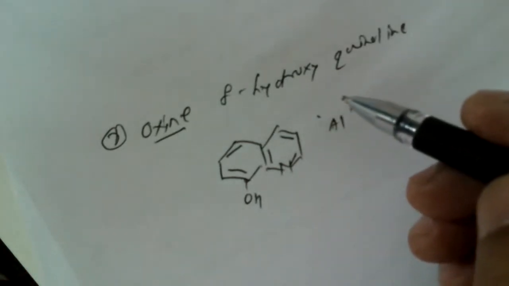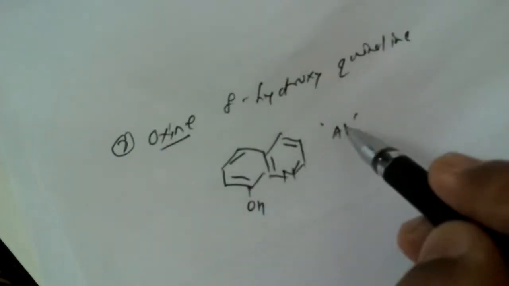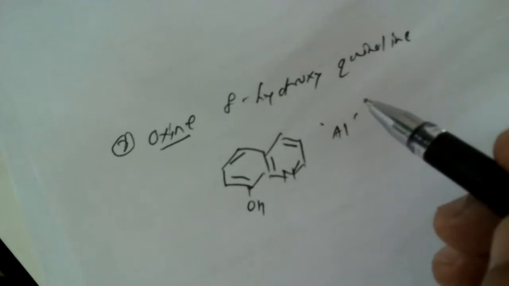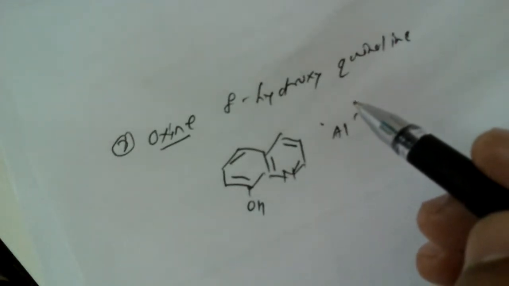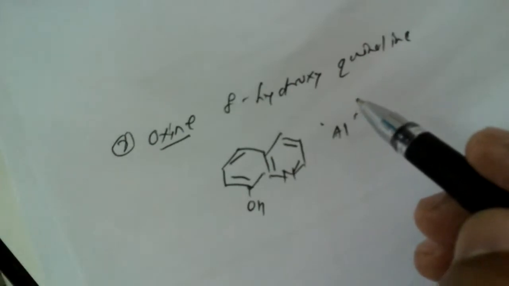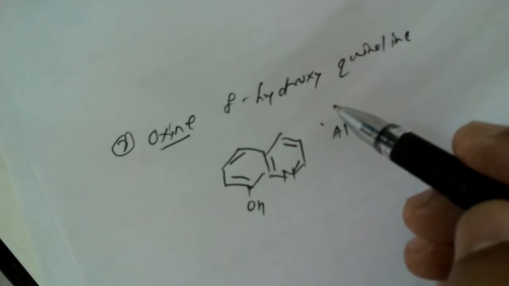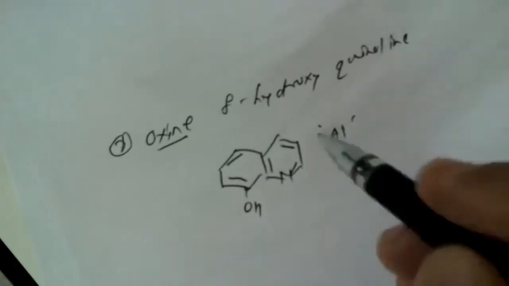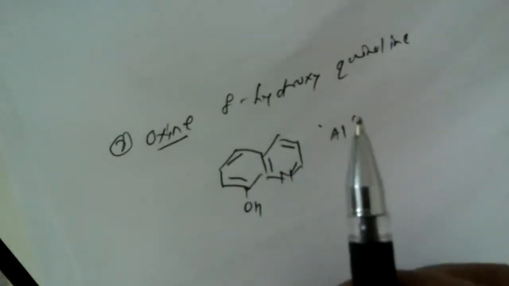A silky white precipitate is obtained when oxine is treated with aluminum. So this oxine is a reagent commercially known as oxine. It is used for the determination of aluminum. Its solution in alcohol or in dilute acetic acid acts as a reagent. So this oxine can be prepared in acetic acid or in alcohol also.